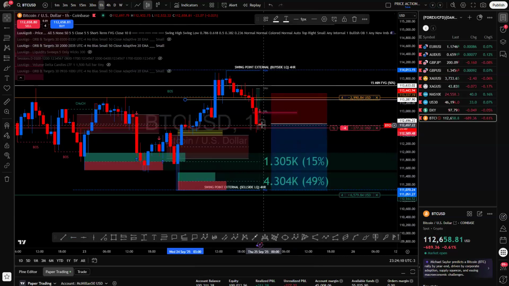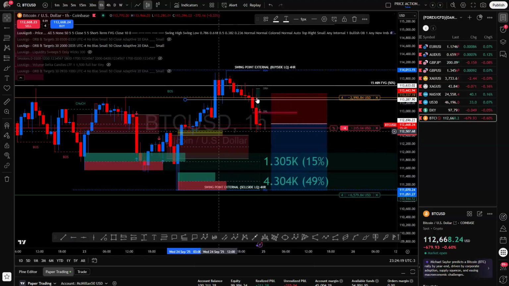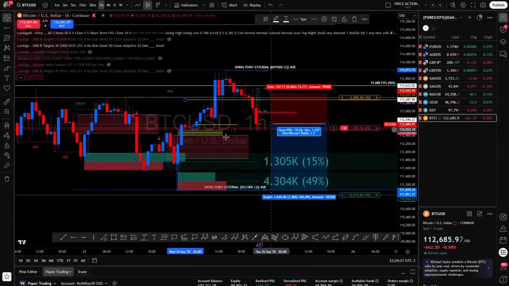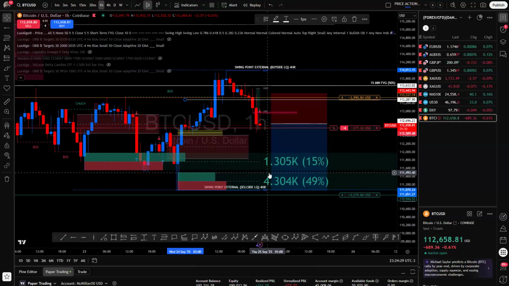It looks like the bears are ready to distribute, a possibility. What I probably should have done was wait to see if price closes below this fair value gap, and then go down. But I already entered the market, so we'll see if price continues to go.